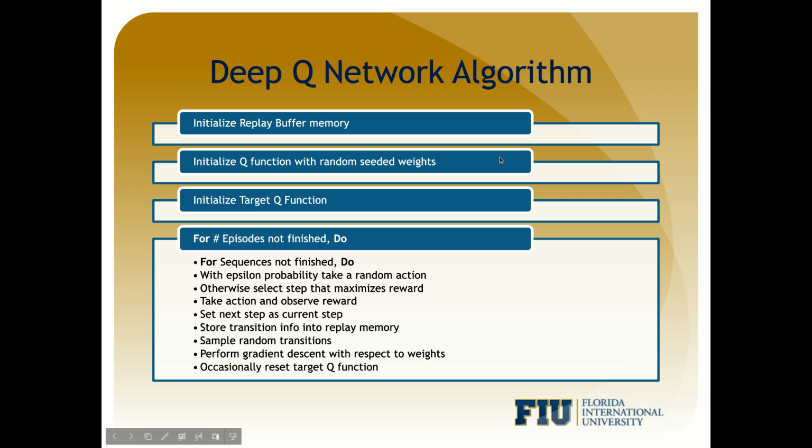And then we initialize a Q function. So this is the deep network part of the Q algorithm. Normally, you can almost think of a Q function as a table, or an Excel document, right? You have an x-axis and a y-axis.